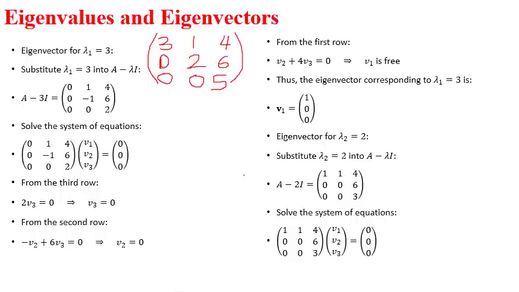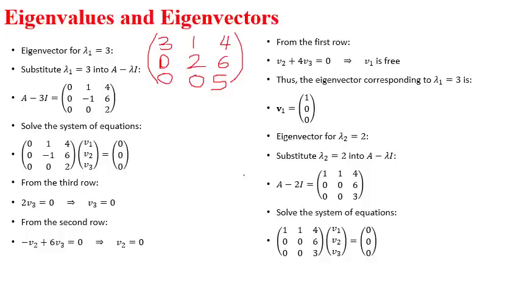Oops, it's a mistake. Okay, so when you subtract this from this, it'll be 3 minus 3, that will give you 0, and of course every other thing will remain, because 1 minus 0 and 4 minus 0 give you 1 and 4.